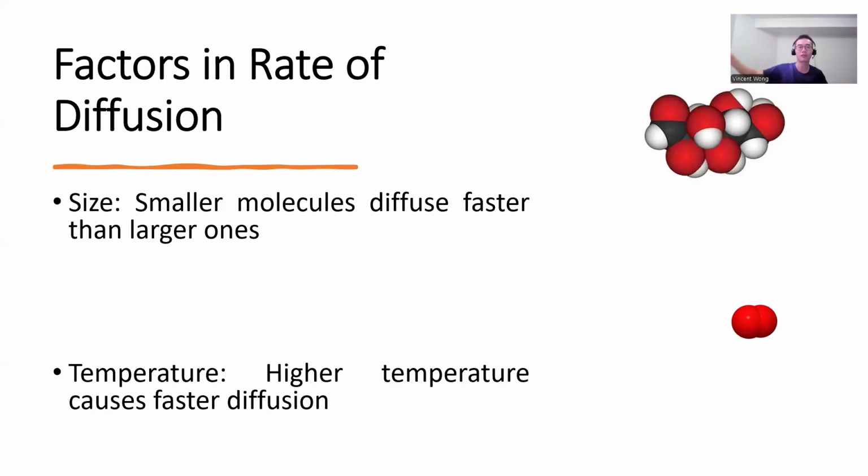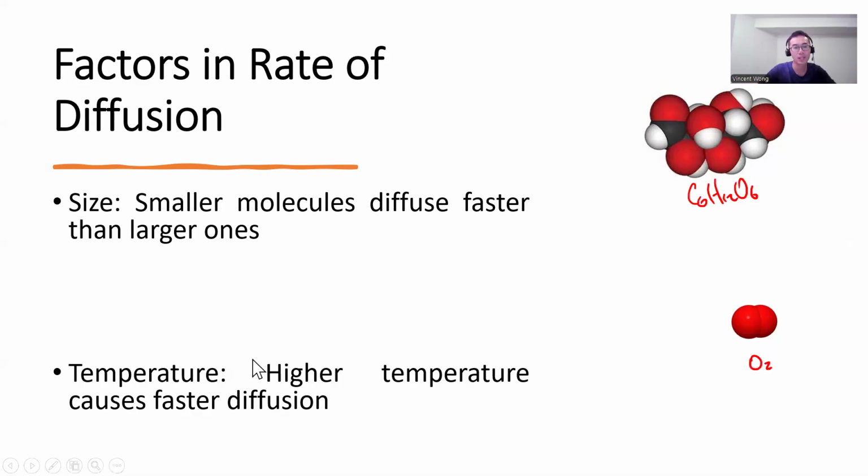They fly around so fast, and they are much smaller than us. They're going to be able to move faster. Similar concept here. If I have a molecule that's only 2 atoms big, like an oxygen, it's going to be able to diffuse faster than this glucose here. Okay. Second factor that affects the rate of diffusion, how fast it's going to happen, would be temperature.